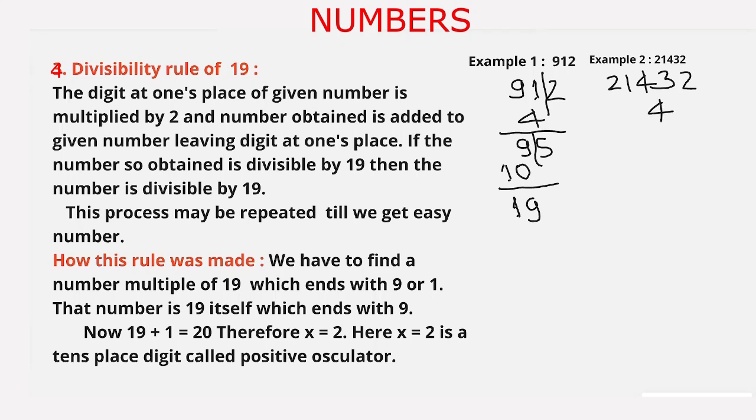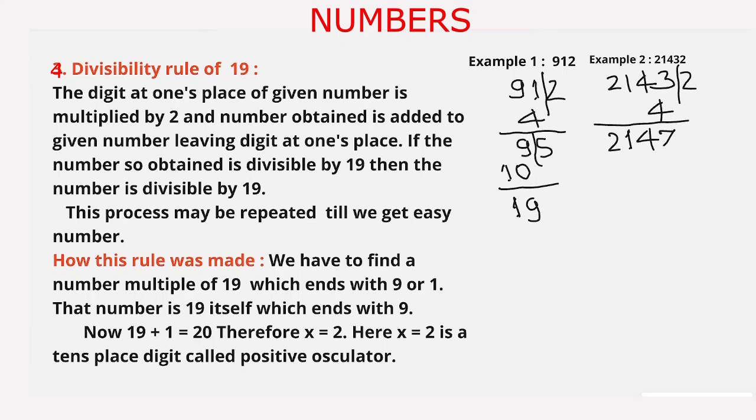Leaving the digit at ones place, we add this 4 to the remaining part of the number: 3 plus 4 is 7, and we carry 4 as it is, 1 as it is, and 2 as it is. So the number becomes 2147.